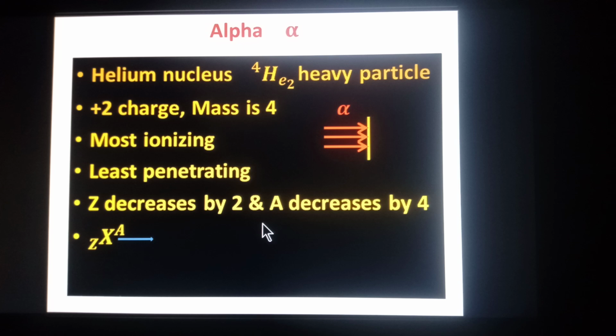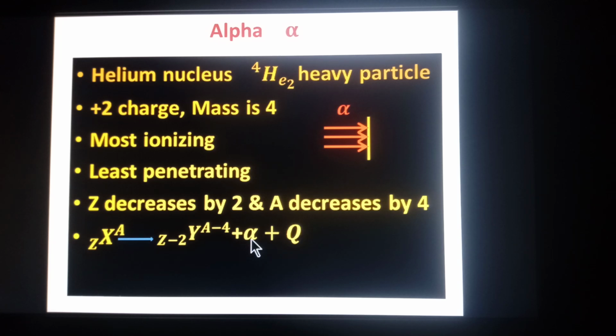The schematic equation is: if an element X with mass number A, charge number Z undergoes alpha emission, a new element Y is formed with its mass number less by 4 and its charge number less by 2, with the release of an alpha particle. It means from the parent nucleus 4 nucleons have gone and 2 protons have gone in the form of an alpha particle. 2 protons and 4 nucleons means 2 protons plus 2 neutrons.